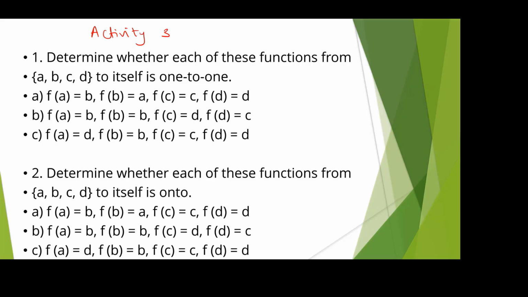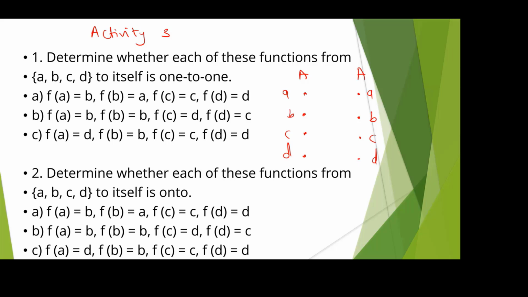So if I have set A, then for my function, the domain and codomain are the same set, with elements A, B, C, D. Now for each of these 3 examples, you can try drawing it as a graphical structure of a function, and then figure out if it is one-to-one. So this first question asks if all these 3 assignments of f are one-to-one.